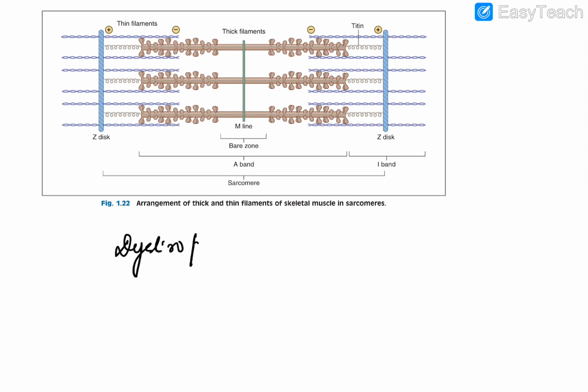Now dystrophin is an actin binding protein which binds to actin and helps to anchor this sarcomere to the cell. We know that a defective dystrophin is found in Duchenne muscular dystrophy.